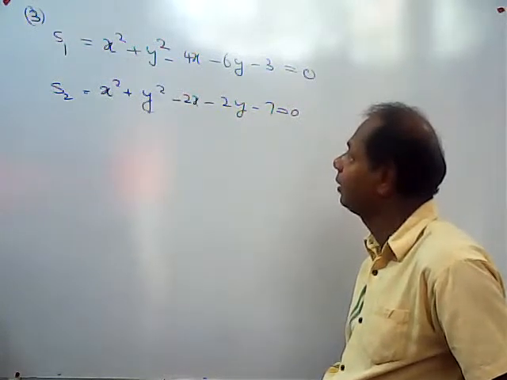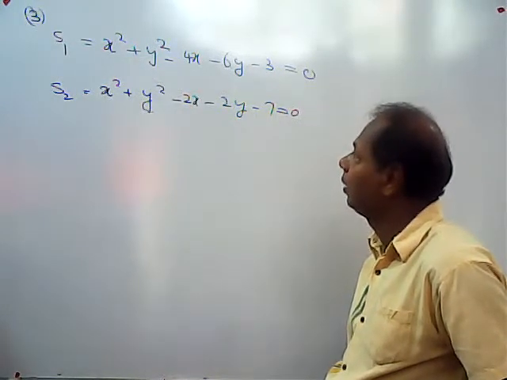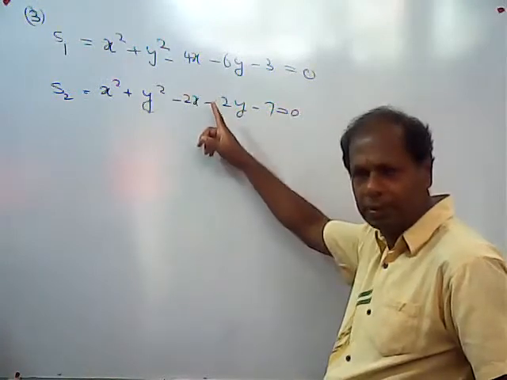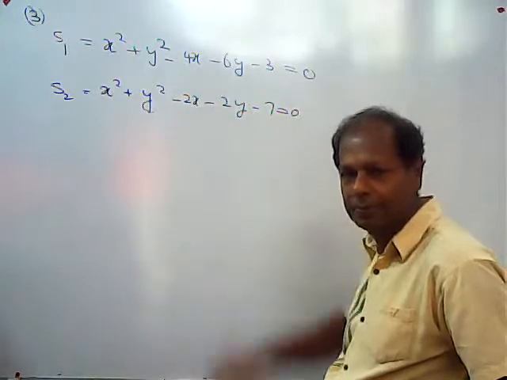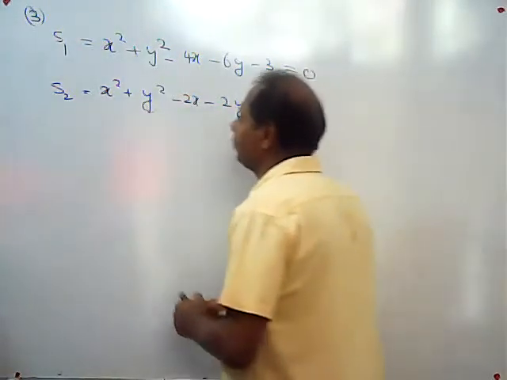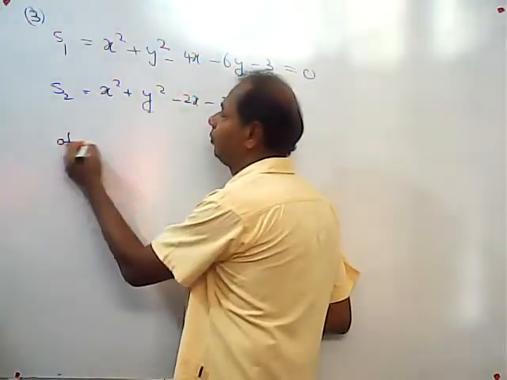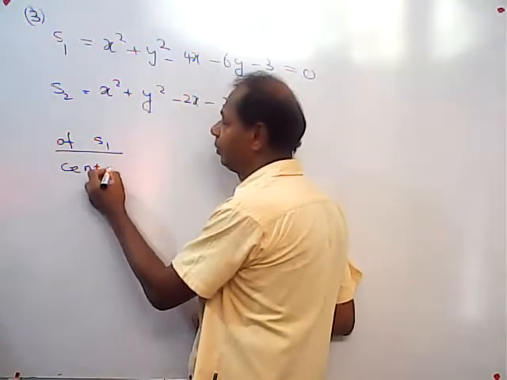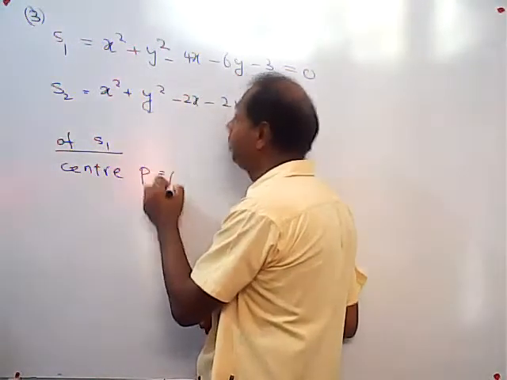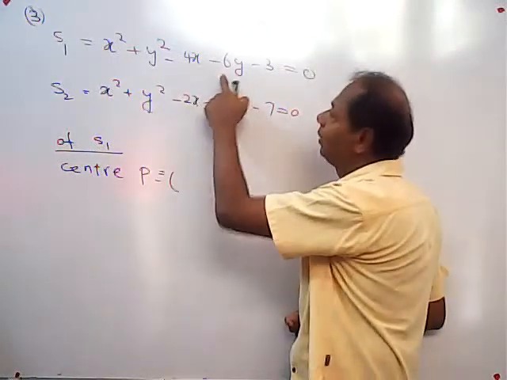We first find the centers, and later on you will need the radii also. We will find center and radius of this, and center and radius of this. Of S1, center, say P, is (2, 3).